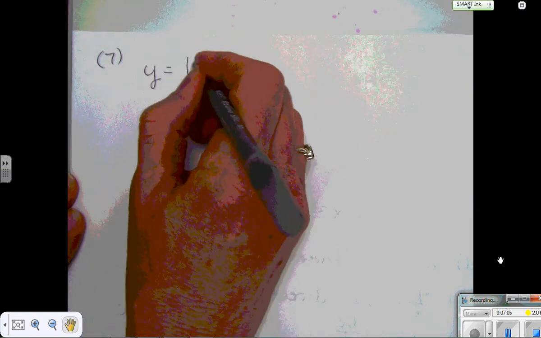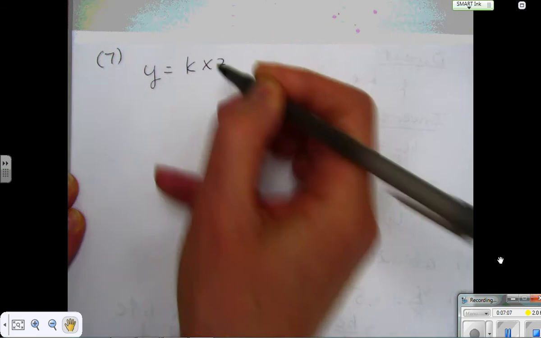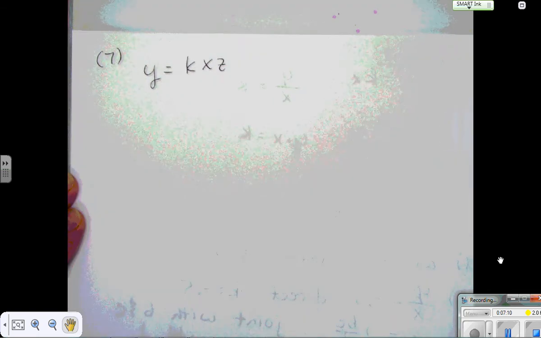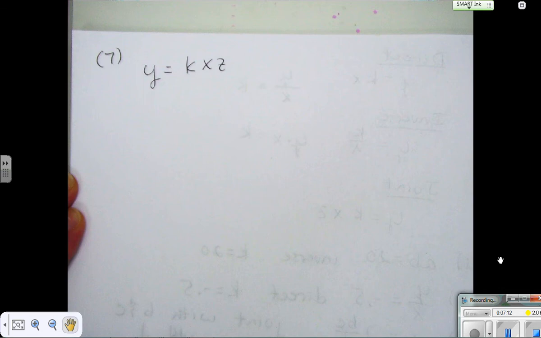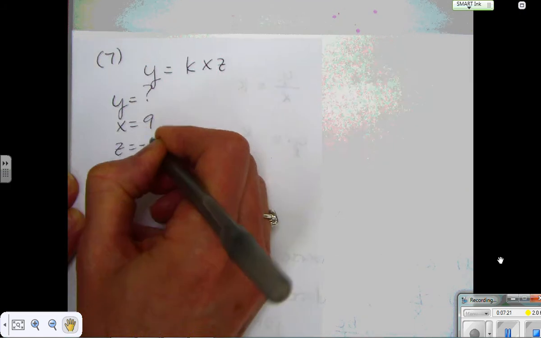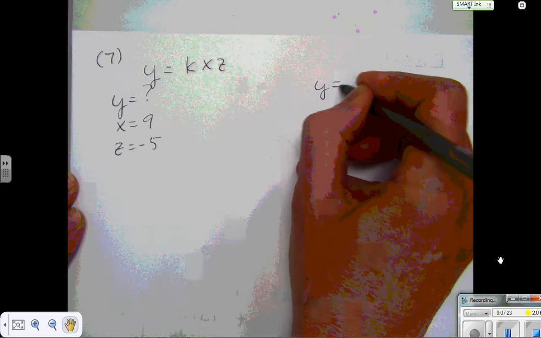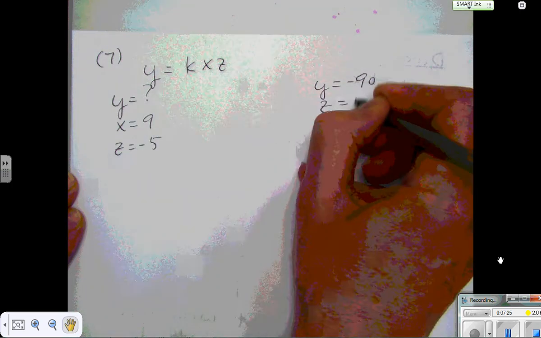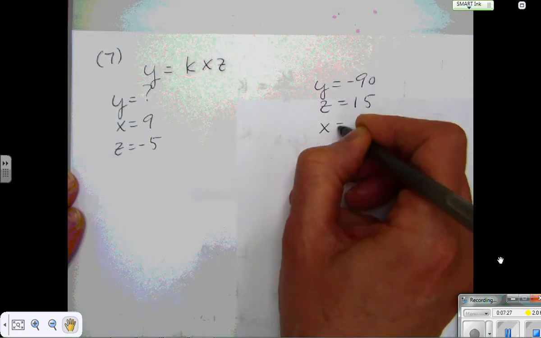Number 7 is a joint variation, and it says that Y varies jointly with X and Z. So that means that your X and Z are going to be the ones multiplied together. Okay, so you got to be careful how they word that. Find Y when X is 9 and Z is negative 5, if Y is negative 90 when Z is 15 and X is negative 6.